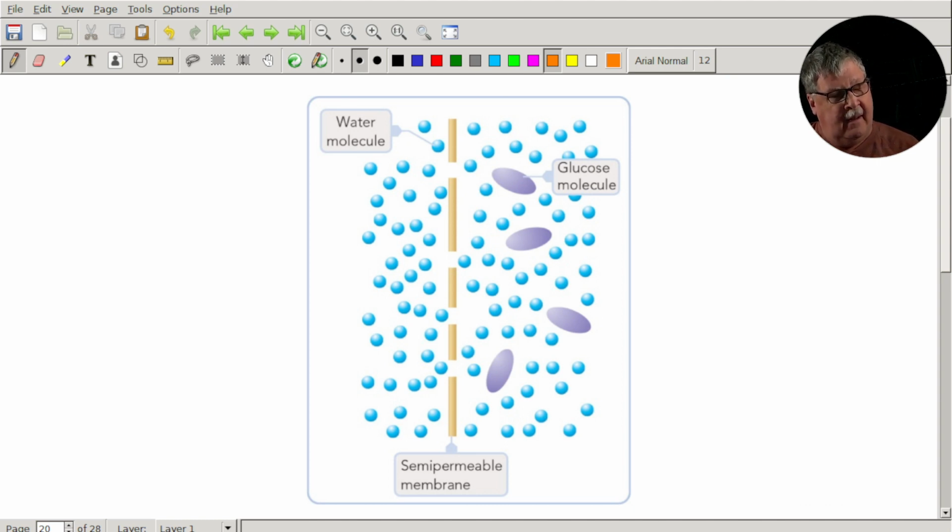It's a selective membrane. Now, if I have a situation where I have a difference in concentration across that membrane, then the phenomenon of osmotic pressure is going to exist. Essentially the way it works is like this.